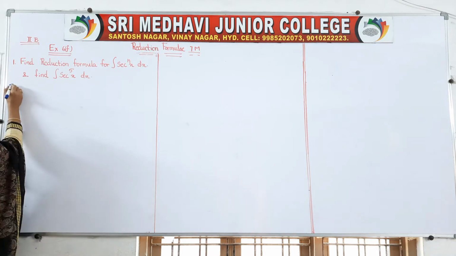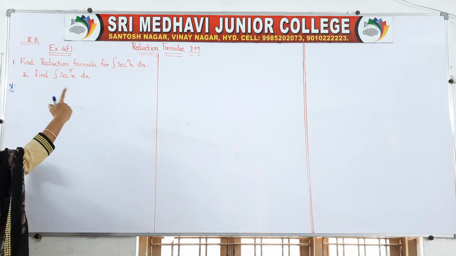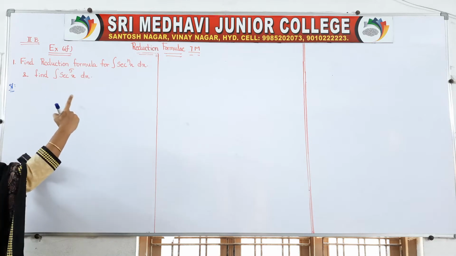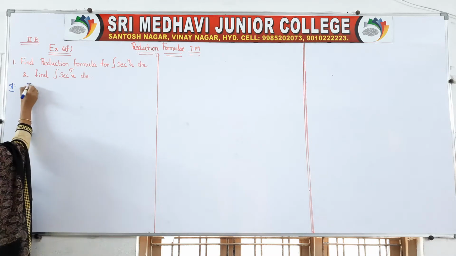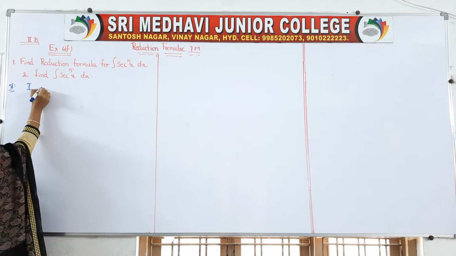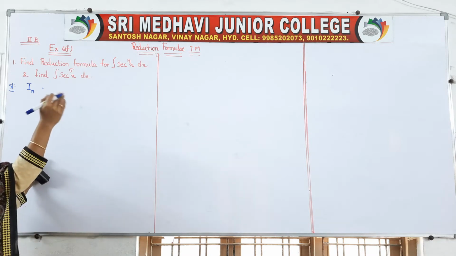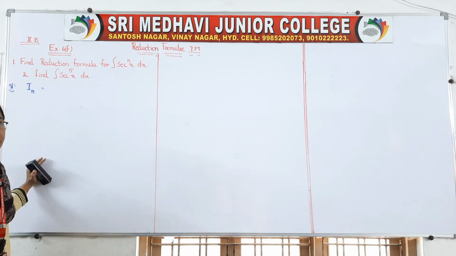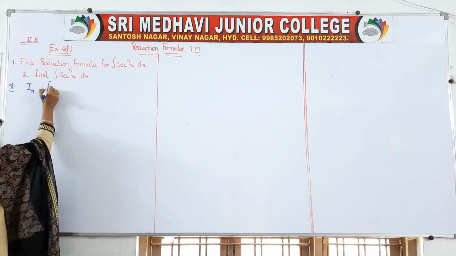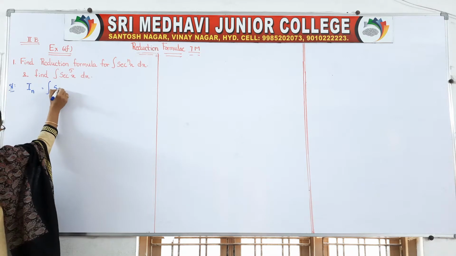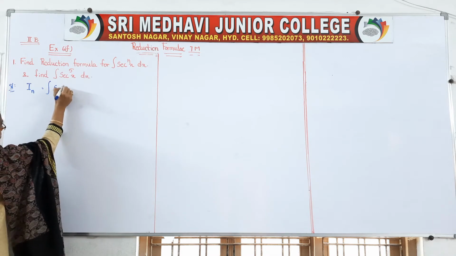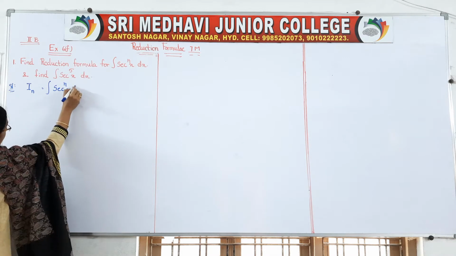So solution. Whenever the function is having power n, we have taken I n. Okay, in previous problems also. So I n is equal to, given question is secant to the power of n x dx.